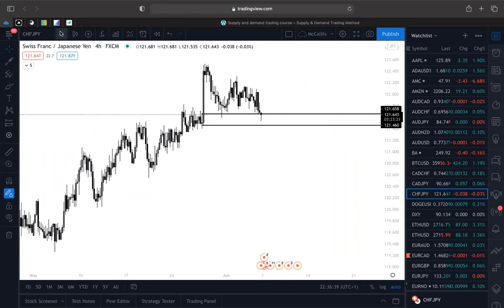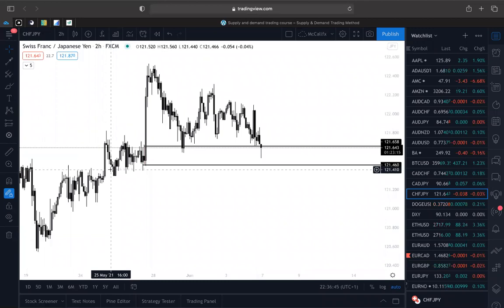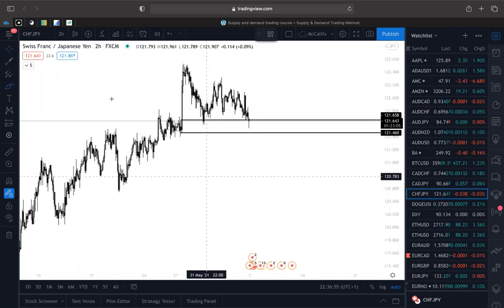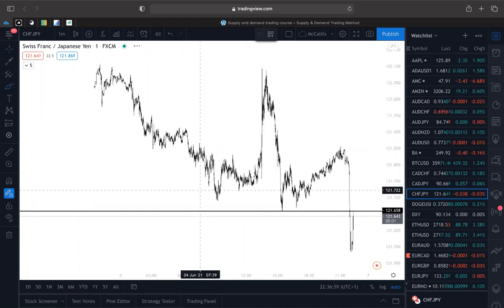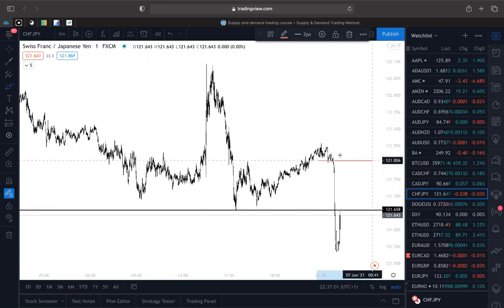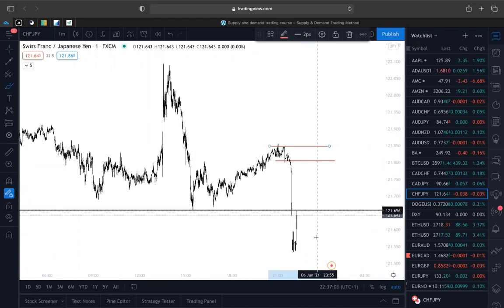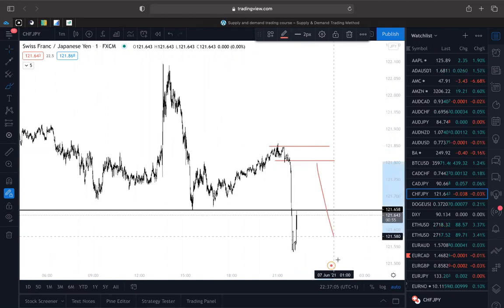Okay, so the best time frame to be looking for supply and demand zones is a 2 hour time frame. It depends, we have something called swing trading. When it comes to structures, if I'm on the 1 minute time frame and I see a demand zone, your take profit should be based on that 1 minute time frame demand zone.